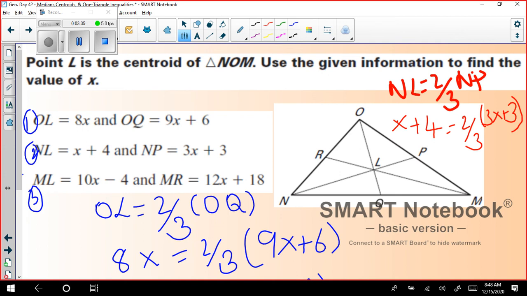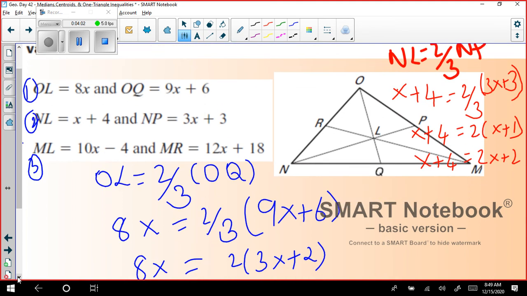Okay, 3x divided by 3 is x and 3 divided by 3 is 1. So you'll have 2 times x plus 1 here if you divide by 3 on the right side. And further, this will be 2x plus 2. Okay, let's get all the x terms towards one side and the constants onto the other.